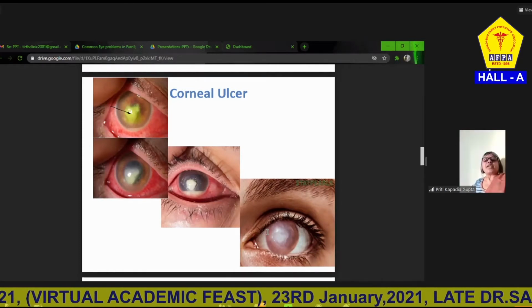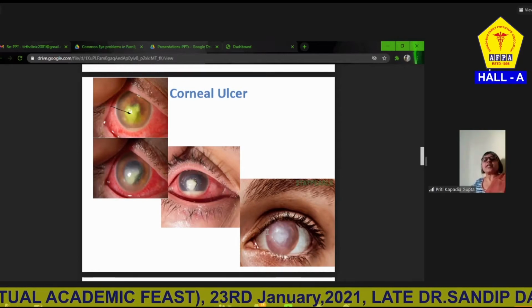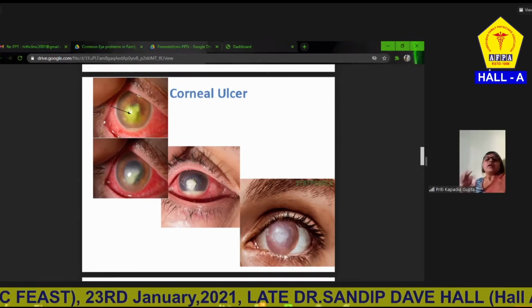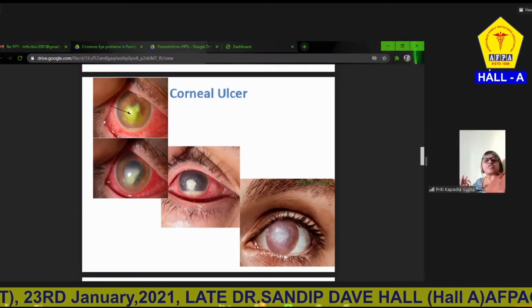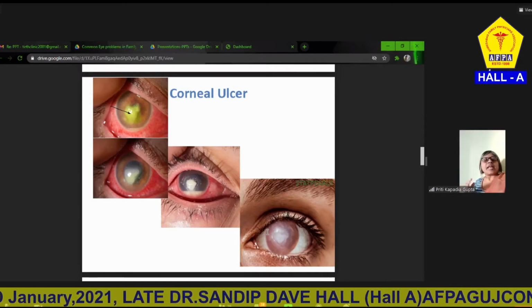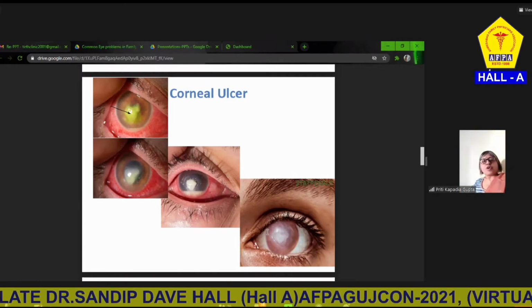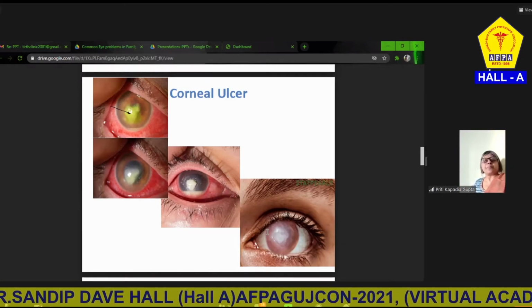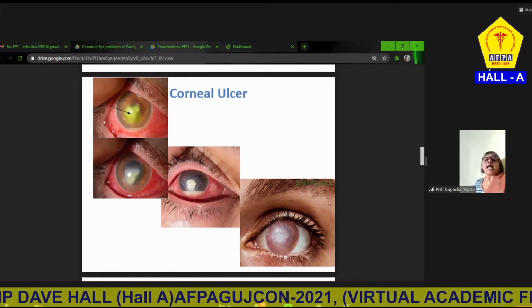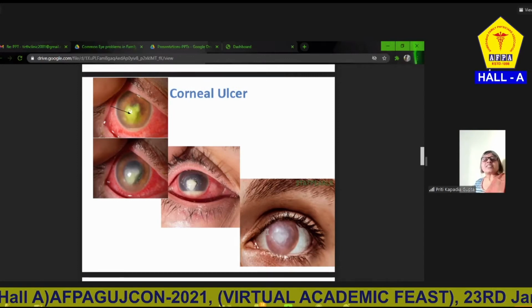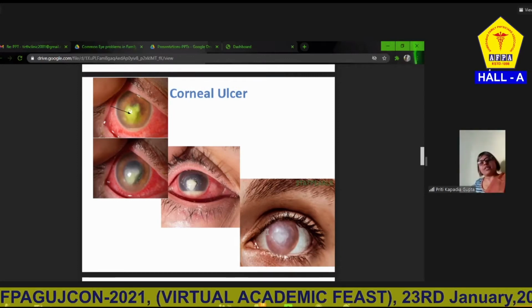So these are the patients. I wish that a general practitioner can simply start with broad spectrum antibiotic drops, which cover both gram positive and negative. You can try moxifloxacin for such patients as a repeated line of treatment, and one single drop of atropine, which does wonders till he reaches an ophthalmologist.